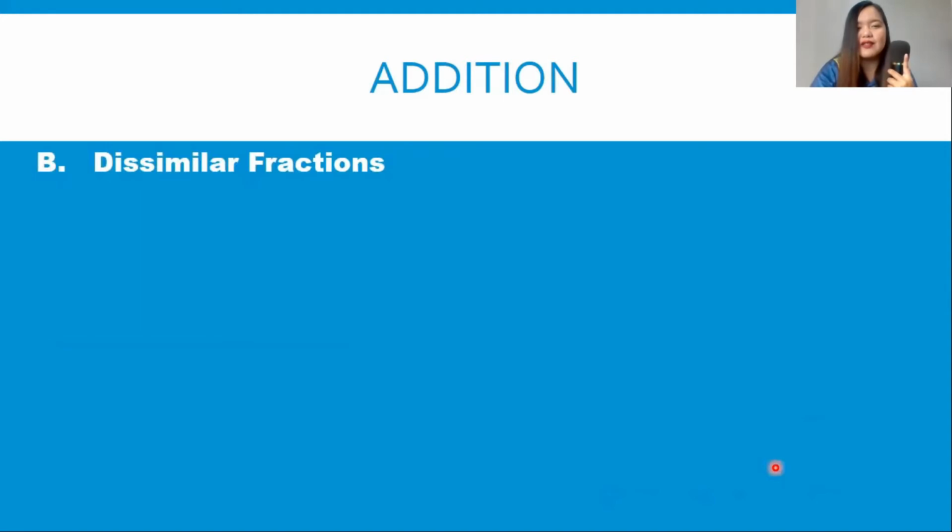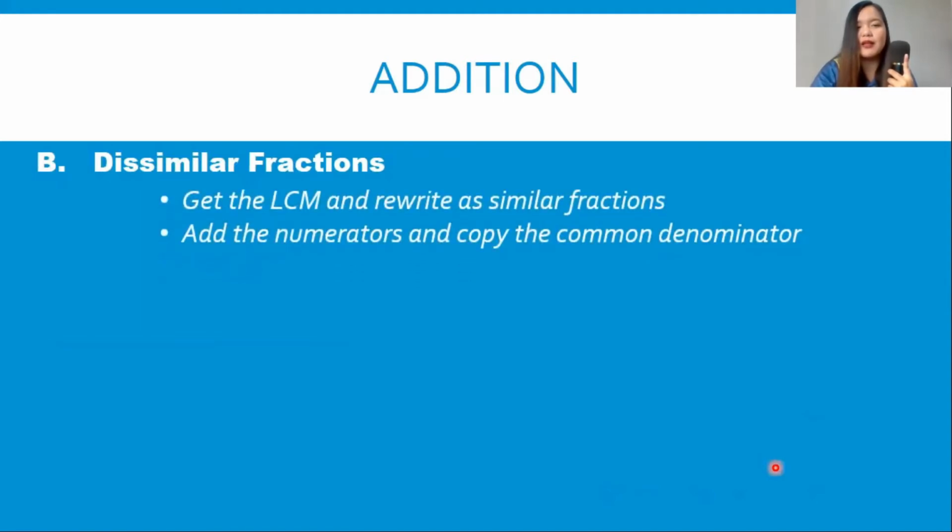Okay, so let's proceed to the next examples, dissimilar fractions this time. If we add dissimilar fractions, get the LCM and rewrite as similar fractions, and then add the numerators and copy the denominator. Example number 1, 1/5 plus 3/4.